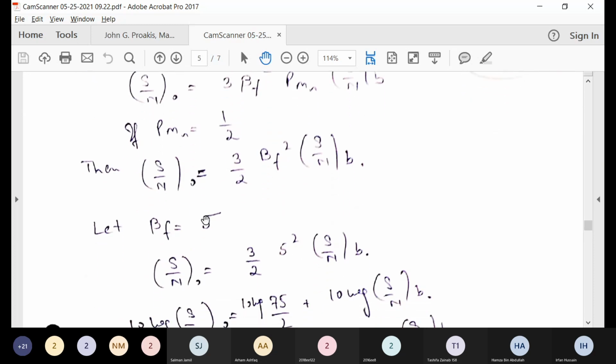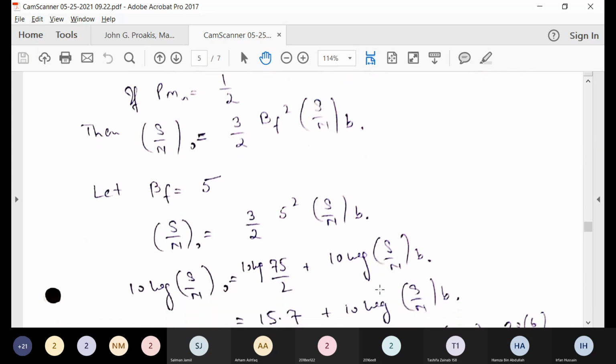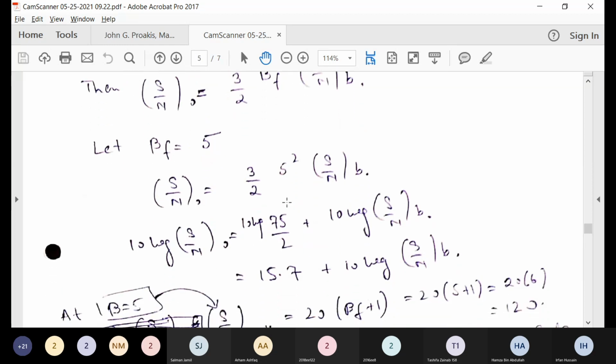If I put beta equal to 5 in this equation and take 10 log, or decibel, on both sides, so 5 squared is 25, 75/2, 10 log of that plus 10 log of S over N. So for beta equal to 5, I am getting the output signal to noise ratio at the output of the demodulator in dB equal to 15.7 dB plus the signal to noise ratio at the input to the receiver in dB.